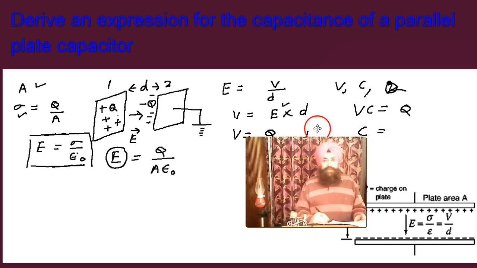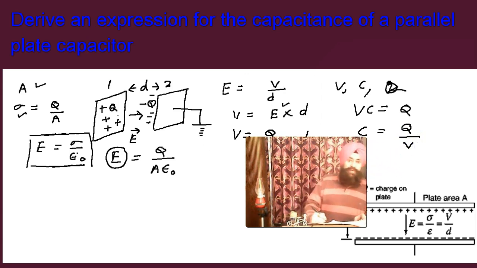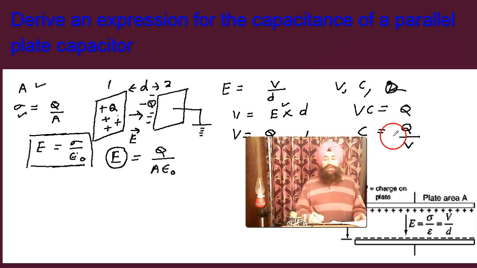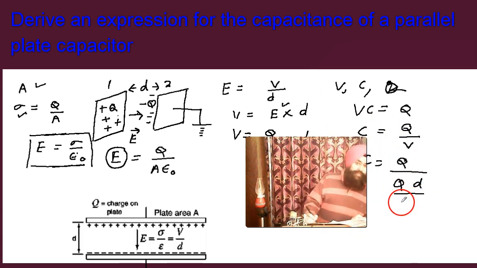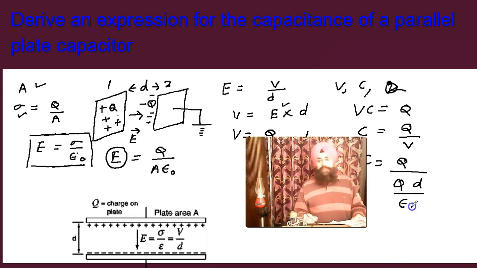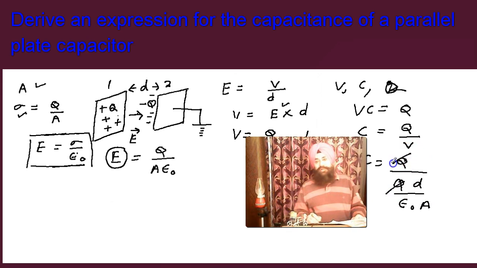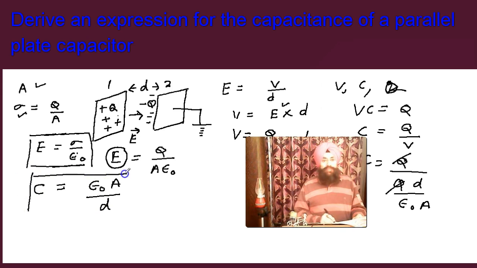Capacity C of the parallel plate capacitor is Q upon V. Now we already know the value of V. Substituting it here, d upon epsilon naught into A. So Q and Q go, and the value of the capacitance becomes epsilon naught A by d. So this is the formula of the capacity of the parallel plate capacitor.